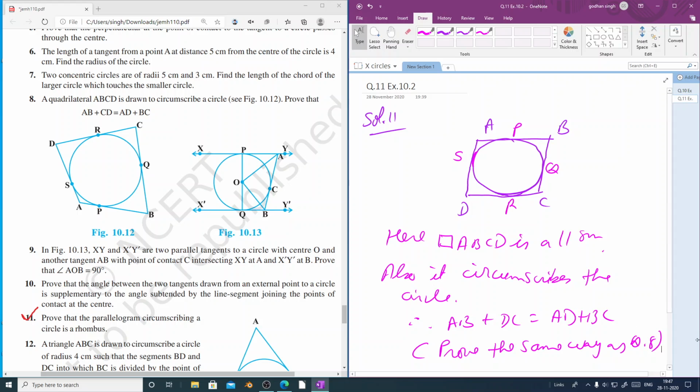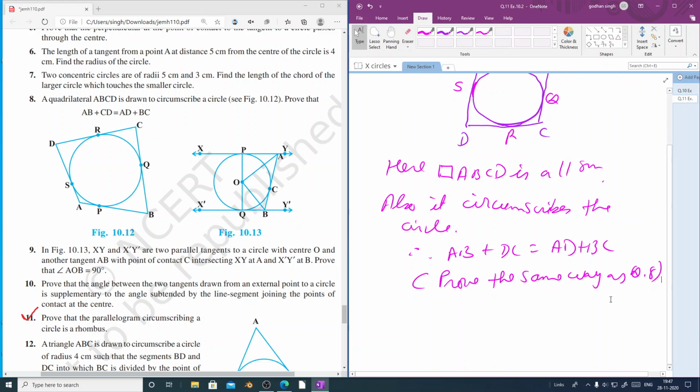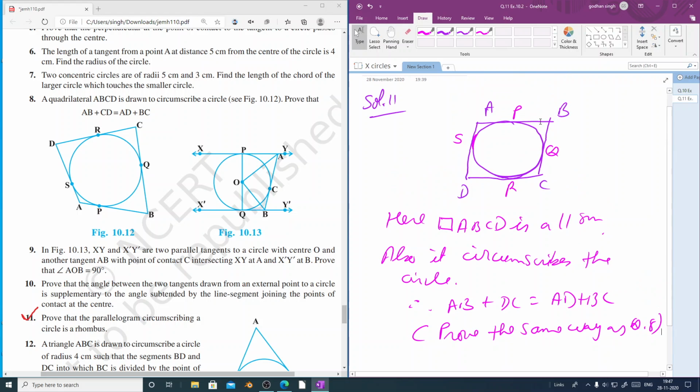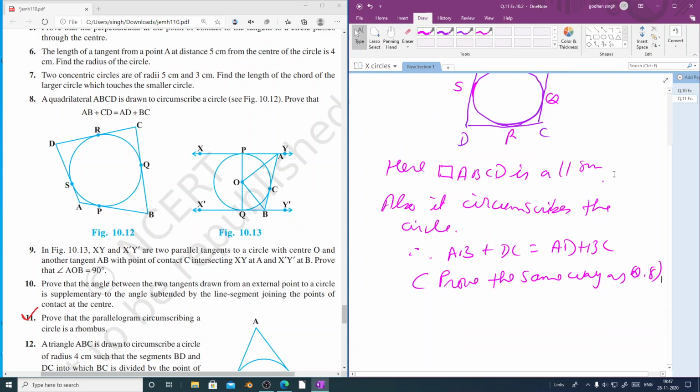Next, quadrilateral ABCD is in fact a parallelogram. Here, if you see, AB and DC are opposite sides, and we know that opposite sides of a parallelogram are equal. So let this be 1. Since quadrilateral ABCD is a parallelogram, we can say that AB is equal to DC.